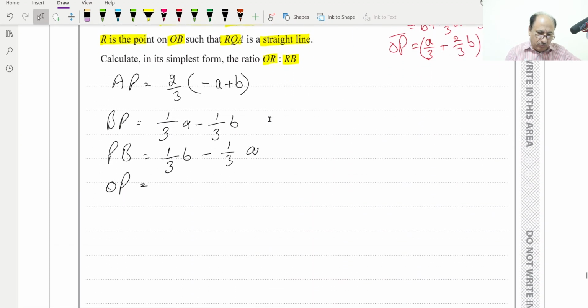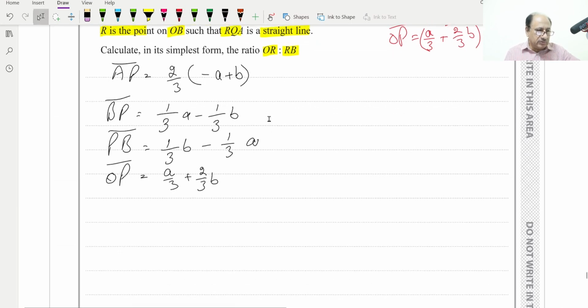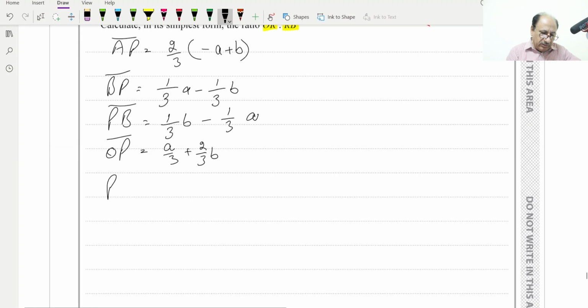All these are vectors with directions, and PO we can invert this direction, and this will be minus 1 by 3 of A, and again minus 2 by 3 of B.